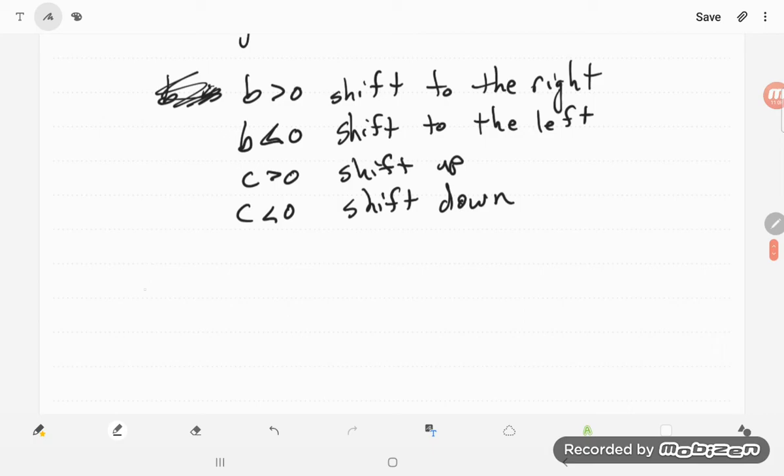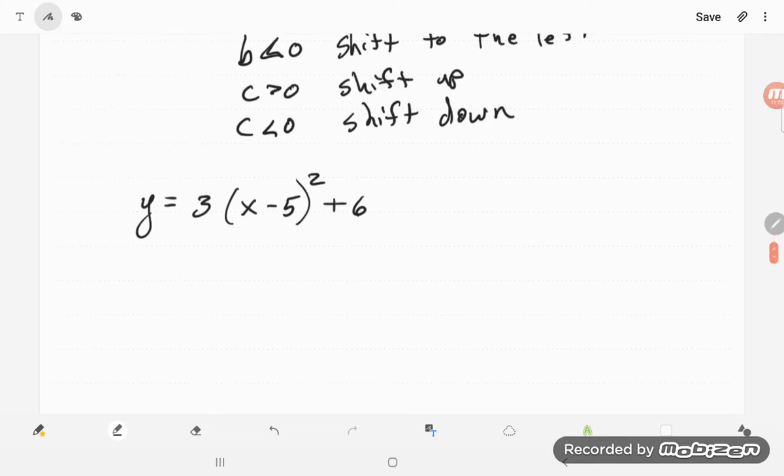And so if I see something like y equals 3 times (x minus 5) squared plus 6, what I can tell you is the 3 says this is narrower.